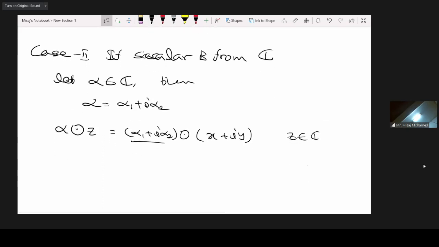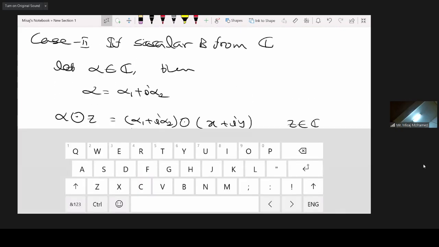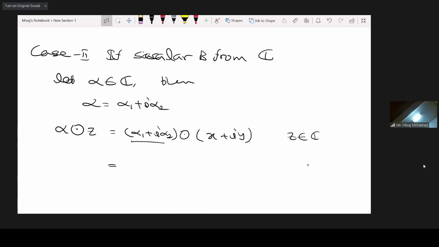If you multiply this, you will get alpha x minus beta y plus i times alpha y plus beta x. So this is the definition of scalar multiplication.